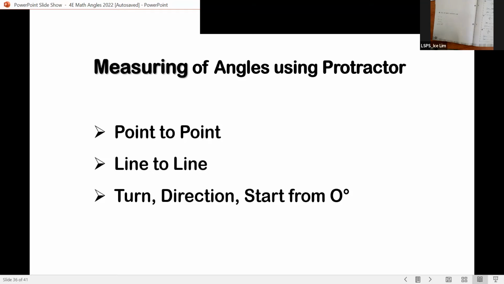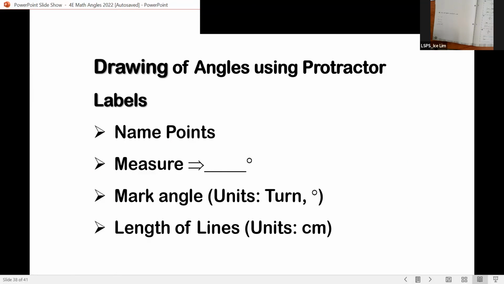For example, measuring angles, point to point, line to line, take note of the turns. Start from 0. Then for drawing, these are the summary points. Name the points, measure with degrees, mark. Write down the length of the lines. Make sure you pay attention to it.